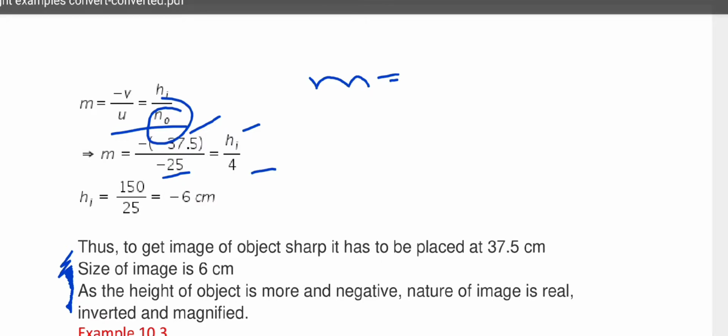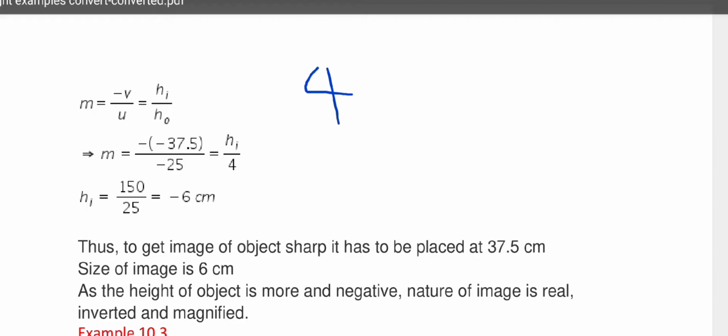So minus 37.5 divided by 25, cross multiply. 37.5 into 4 is 150, divided by 25, you will get the height of the image as minus 6 centimeter, which is more than the object. The object height is 4, so the image height is 6.